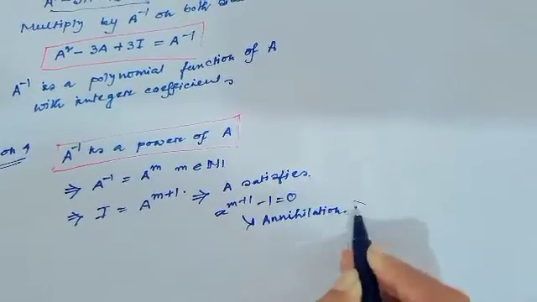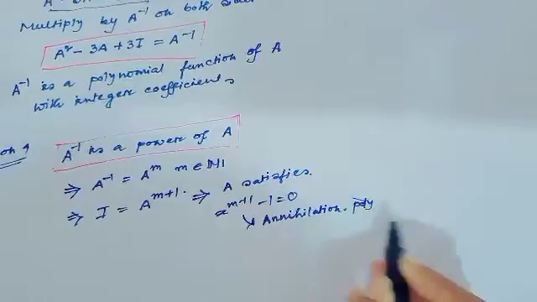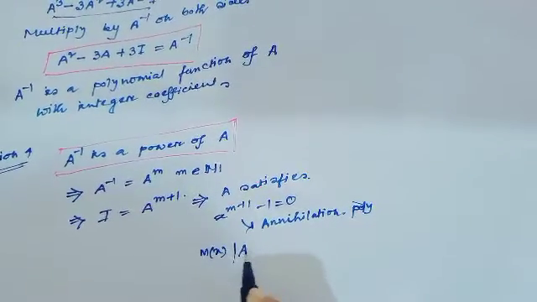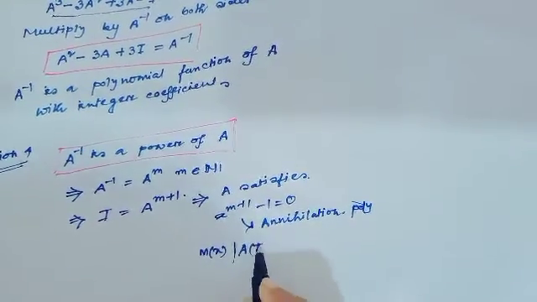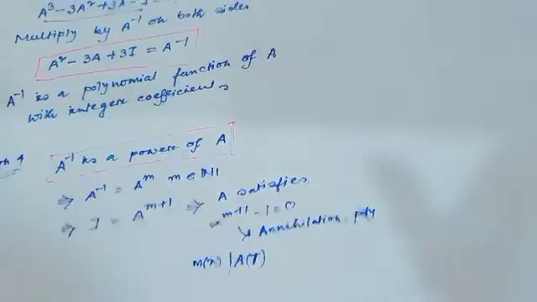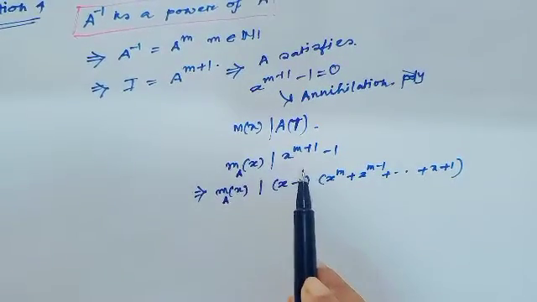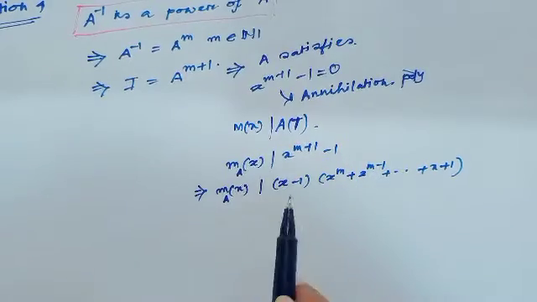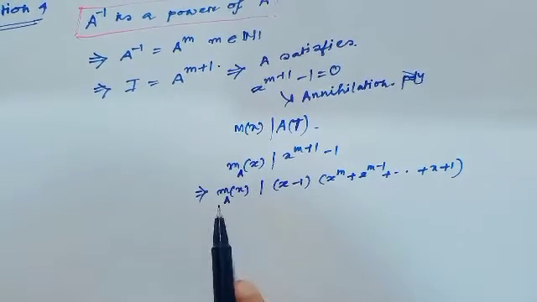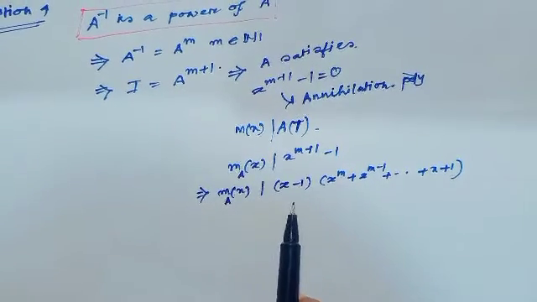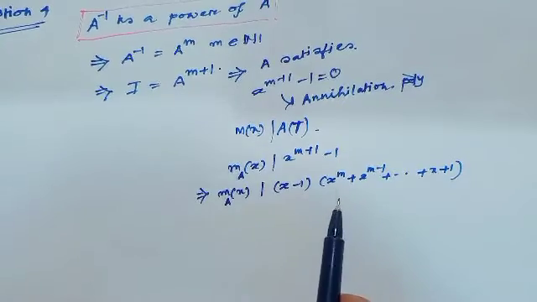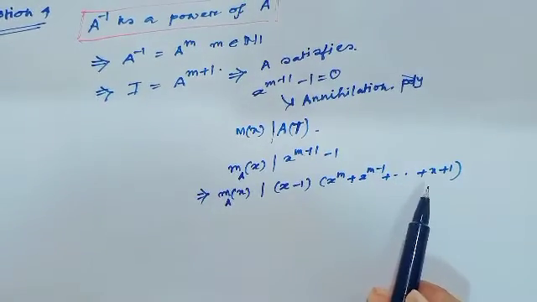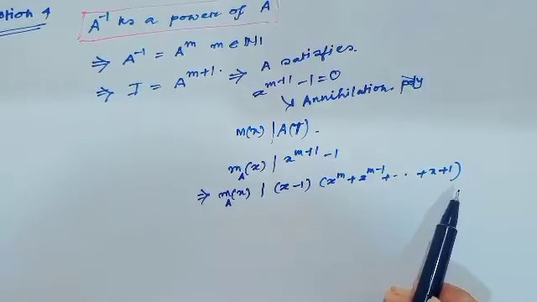I hope all my viewers have understood this. And the minimal polynomial always divides the annihilating polynomial. So the minimal polynomial obviously divides x to the power m plus 1 minus 1. By this expression we can tell the minimal polynomial divides x minus 1 times x to the power m plus x to the power m minus 1, and this continues up to plus x plus 1.